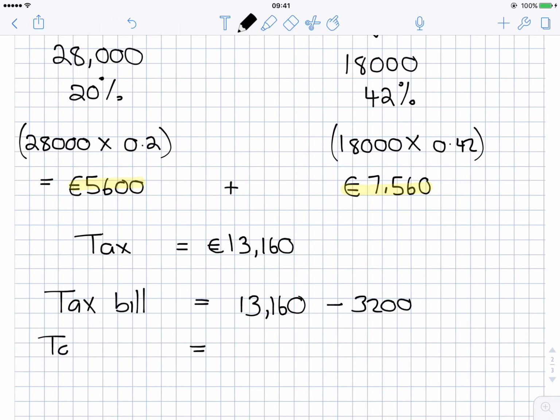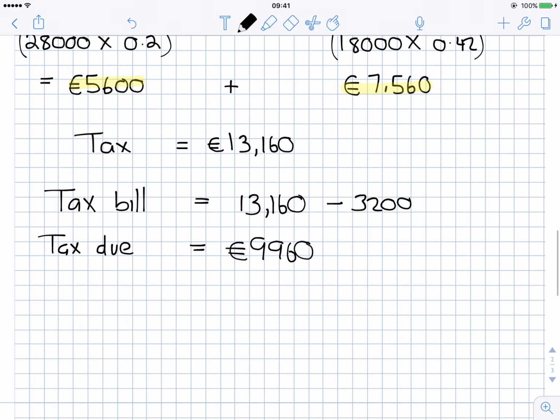So her tax due is €9,960. So that's how much tax she needs to pay for the year.